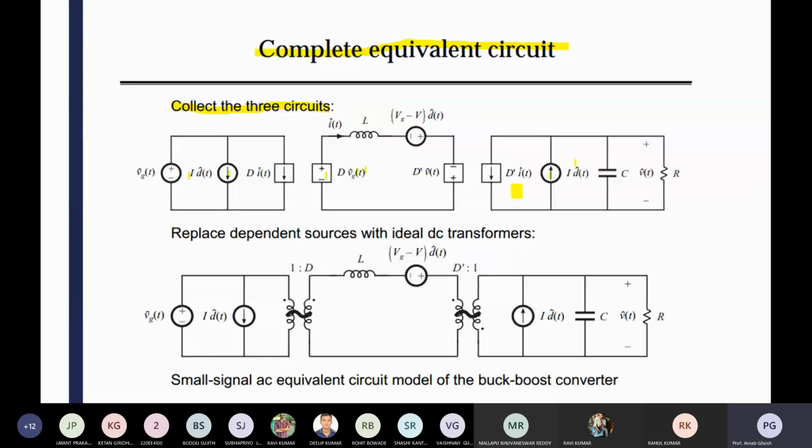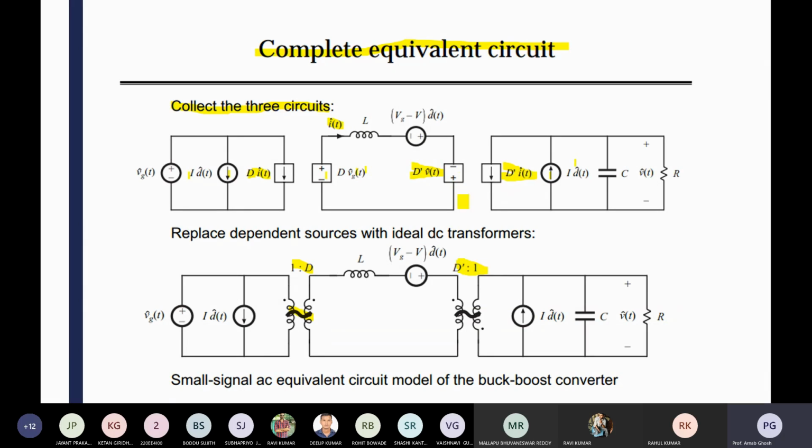So we can add all of them. I cap T is common in both cases, and only D is there. You can say it's like a DC transformer with a ratio of 1 to D. If you multiply 1 by D with that, you get only I cap T. Second, here you get D dash V cap T and D dash I cap T, so D dash to 1 is the turns ratio.